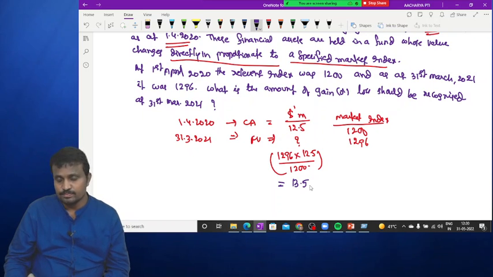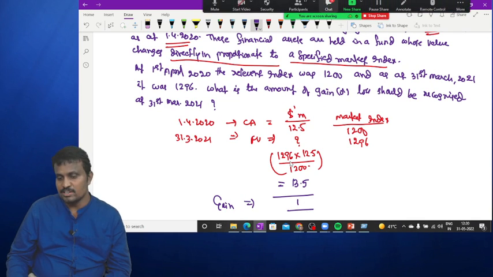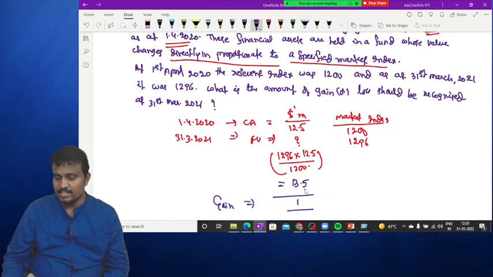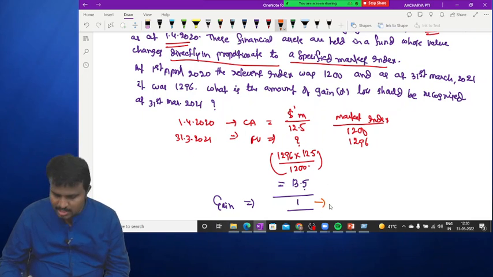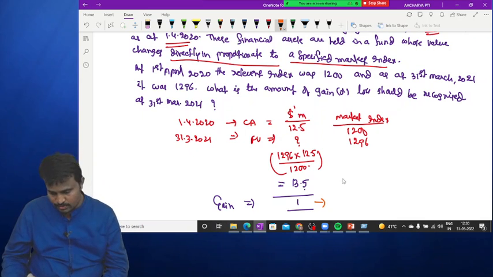Now, is it a gain or loss to the entity? Gain. What is the fair value gain? 13.5 minus 12.5 equals $1 million. Then this $1 million is transferred to other comprehensive income or statement of profit and loss?